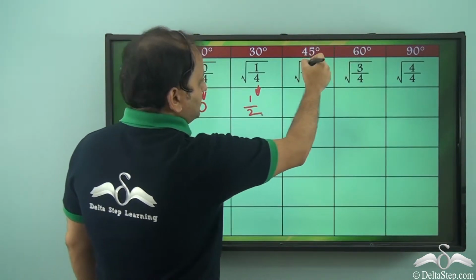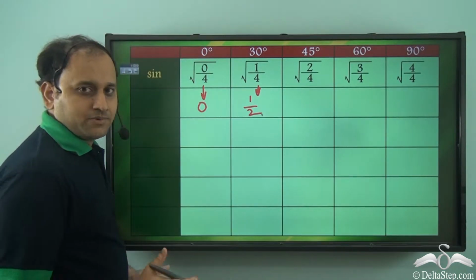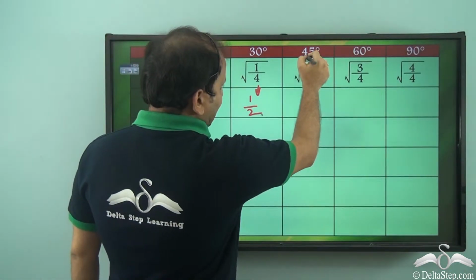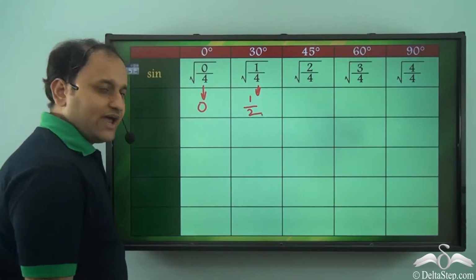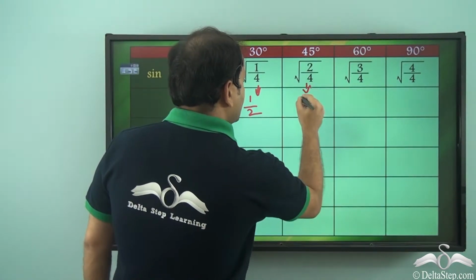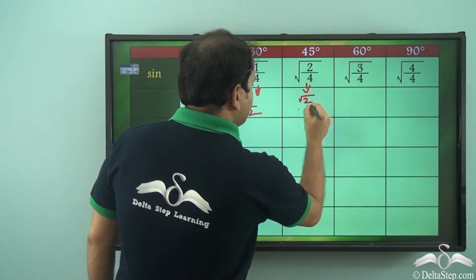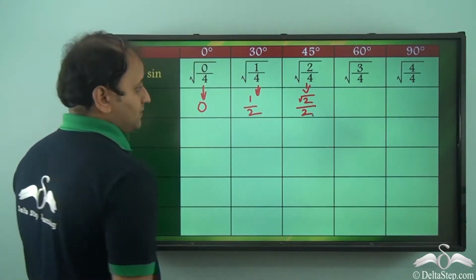Now root 2 is again a decimal number. So we will keep it as root 2 and root of 4 will be 2, right? So we can write this as root 2 by 2. Now we can further simplify it.